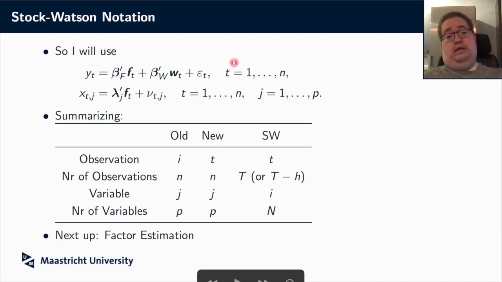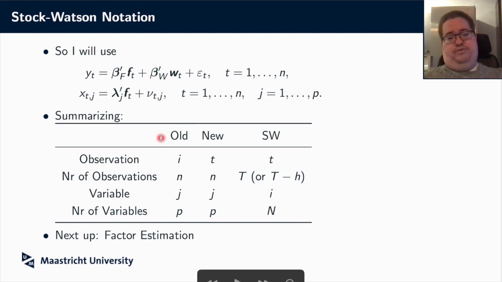This could be any other model as we had before. So I'm going to write in scalar notation t, comma j, indicating observation t, variable j. So we're not using the i at all. I am going to stick with our small n and our small p because we have been using those throughout, and I think they will also not lead to confusion.